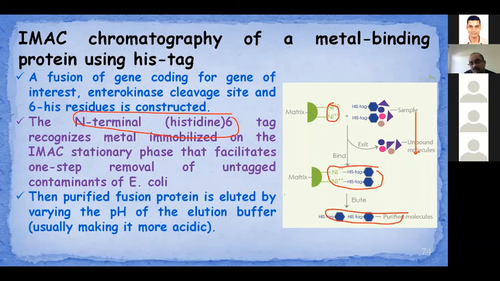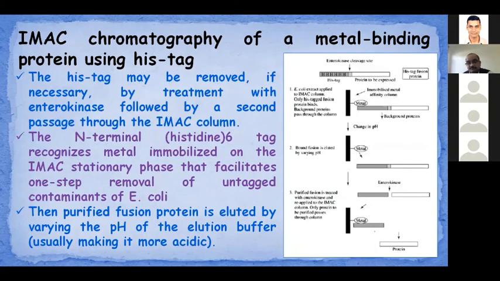This His-Tag does not affect the activity or reactivity of the protein, so it can be used as such. But sometimes it may be removed by the enterokinase enzyme. The His-Tag is removed from the native protein, and it is again passed through the column, so the purified protein is recovered, as shown in the figure.